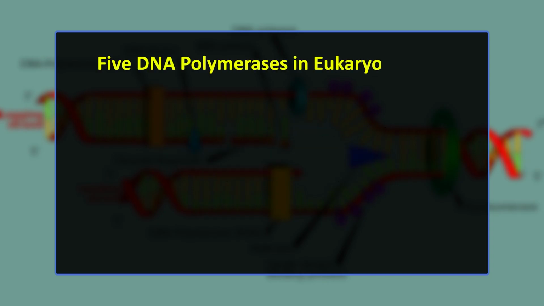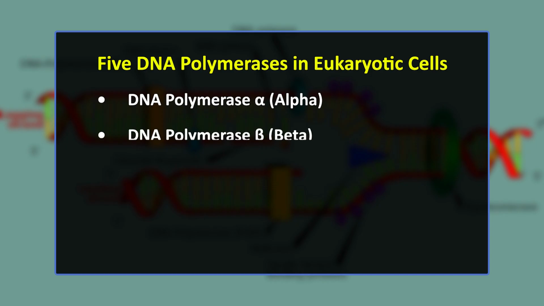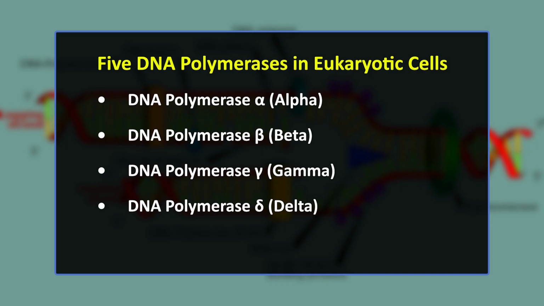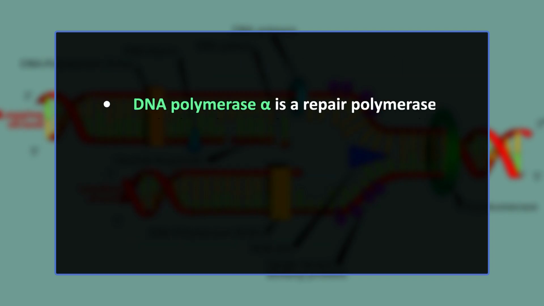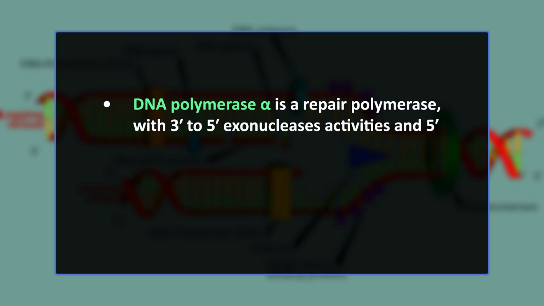In eukaryotic cells, there are 5 DNA polymerases: DNA polymerase alpha, DNA polymerase beta, DNA polymerase gamma, DNA polymerase delta, and DNA polymerase epsilon. DNA polymerase alpha is a repair polymerase with 3' to 5' exonuclease activity and 5' to 3' polymerase activity.